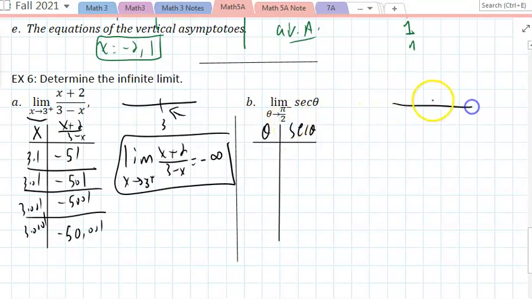There's pi over 2. I need numbers to the left. How do you do to the left? Well, that's an irrational number. That's an issue. So the way you work around it, you say pi over 2 from the left, minus 0.1. From the right, you add 0.1. Closer. Pi over 2 minus 0.01. Closer.